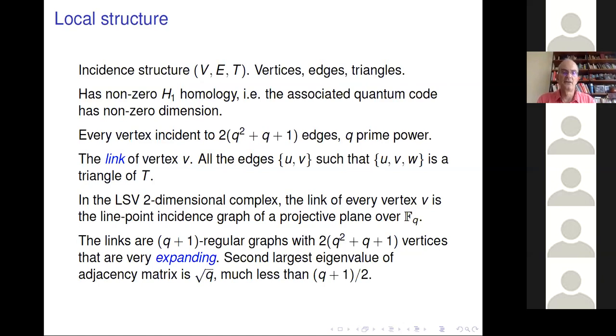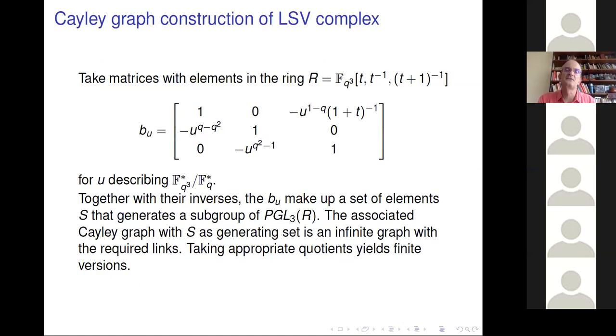These graphs, I'm basically going to skip the next slide, which tells you that these graphs are actually very explicit. You can construct them with algebra, with a bunch of cleverly chosen 3x3 matrices.